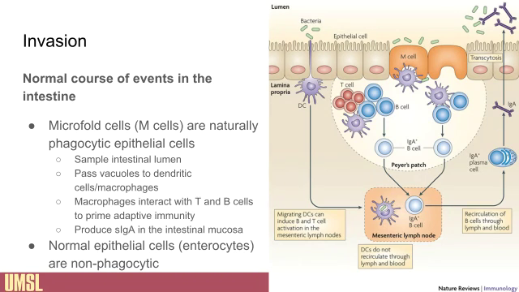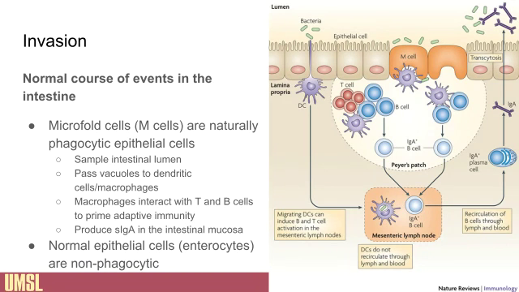And so the thing to keep in mind is that these epithelial cells that line our intestines, the vast majority of them are non-phagocytic. Okay, so they're not naturally taking things up by endocytosis. However, there is a family of very special epithelial cells that are called microfold cells, or M cells. And what these are is naturally phagocytic epithelial cells.